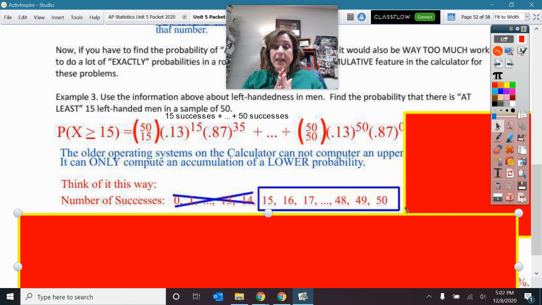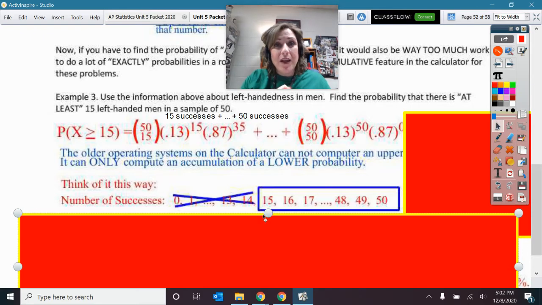Then box in what you want. Well, I want 15 and above. So since I want 15 and above, that's what I boxed. But what I don't want is 14 and below.